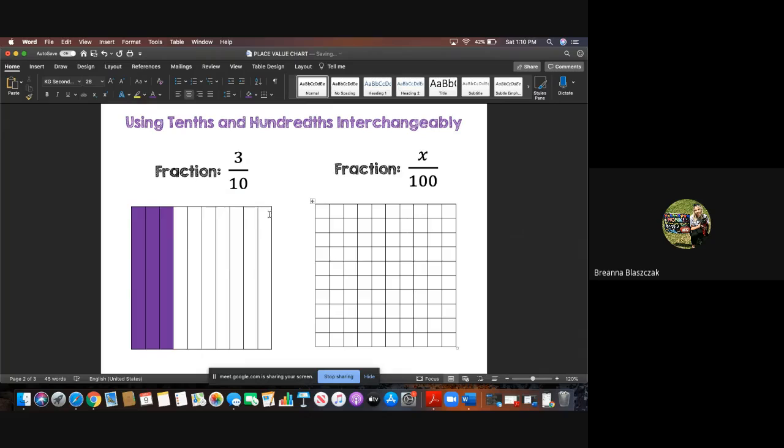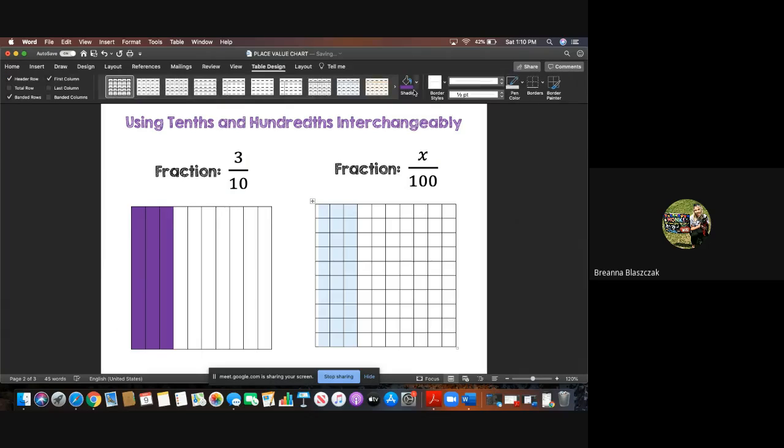Now we want to make an equivalent fraction, and we'll know because the area models will show the same value or the same area shaded in. So if we had 3 columns shaded in here, we can just shade in 3 columns on our hundreds model. And we can see very quickly that they hold the same area.